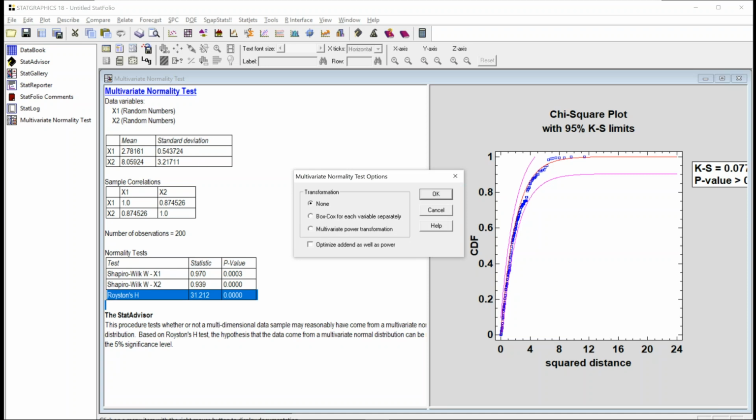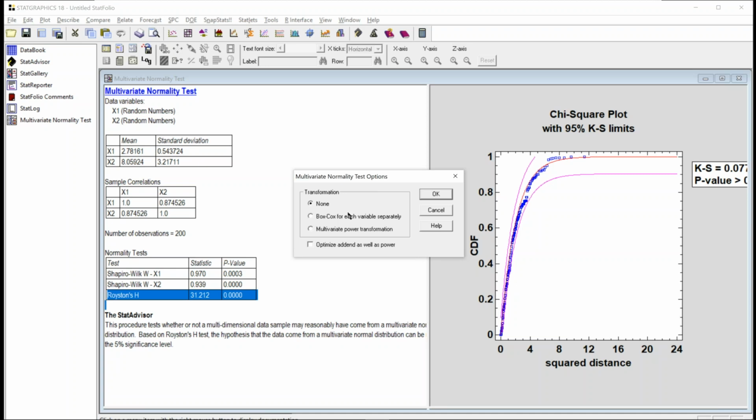If I go ahead now and push the right mouse button and ask for analysis options, I'll be given the opportunity, if I want, to determine a transformation of the variables.